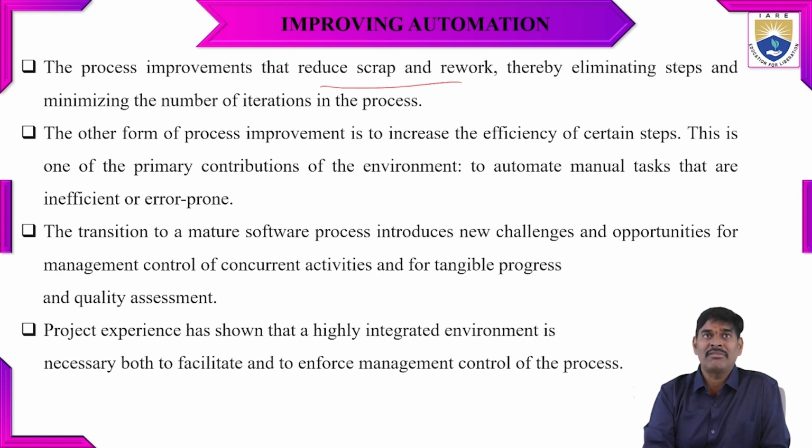When you're taking manual tasks, it will be very inefficient, and it will also generate more errors. So to improve the efficiency, we need to convert manual tasks into automated tasks, so that the process will be very efficient and minimize the errors also.